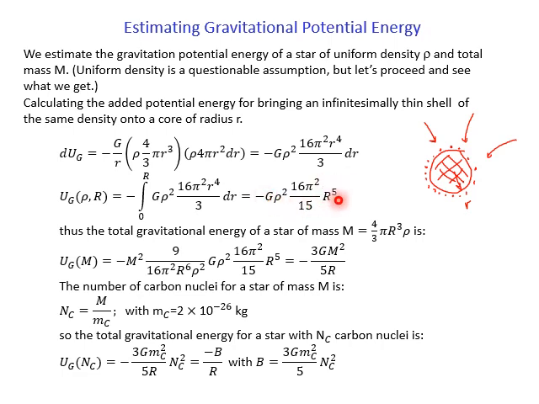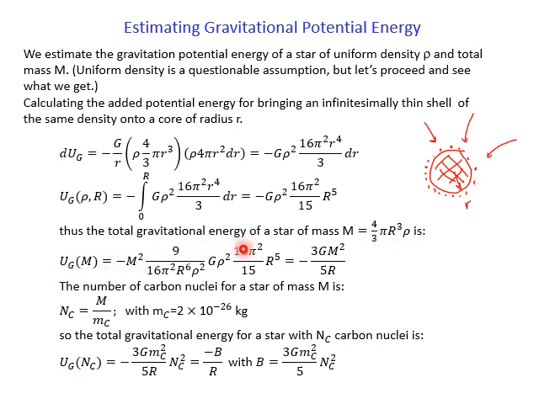Now again, we're making an assumption here that the mass density is uniform throughout this system, and that might not be a perfect assumption, but we're going to start with this and see what we get. So the total gravitational energy for a star of mass m, where the mass is equal to 4/3 pi r cubed times the density of the star, is this.